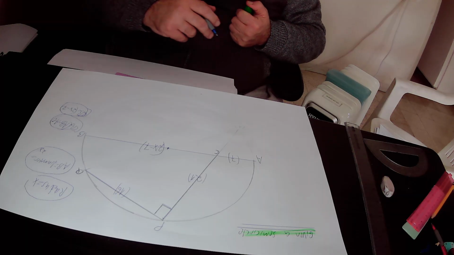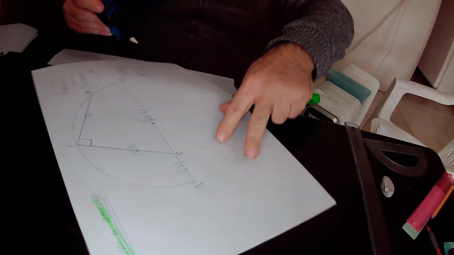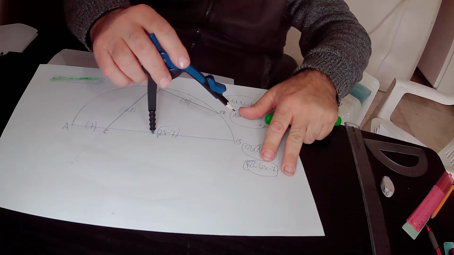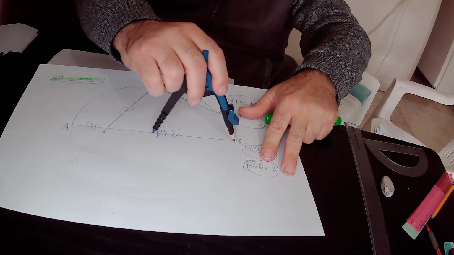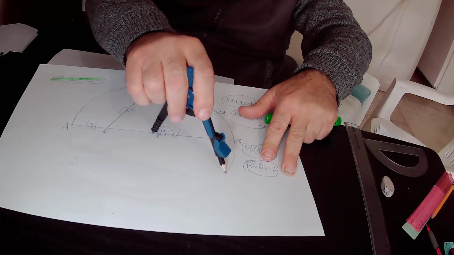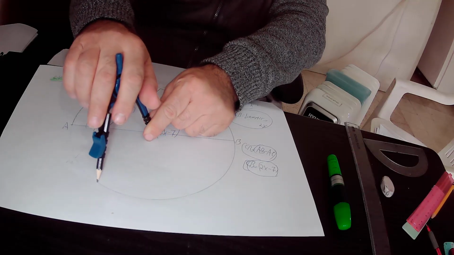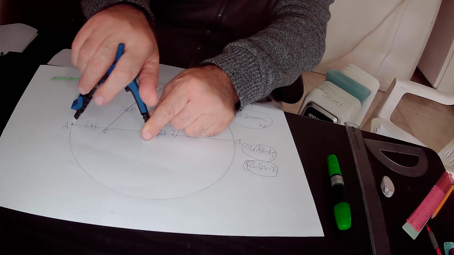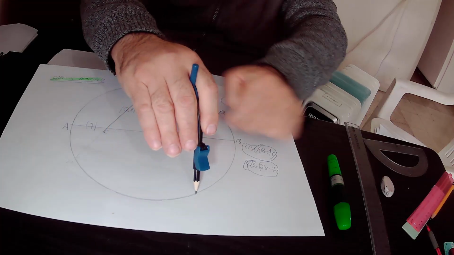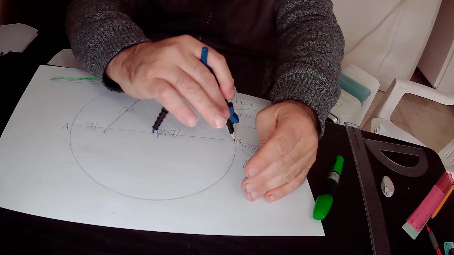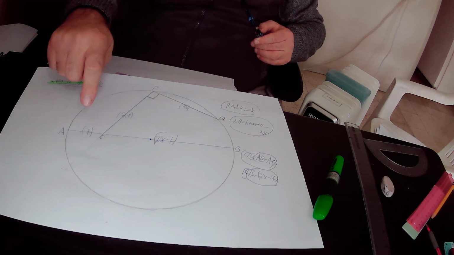In the next step, we will complete this semicircle to a circle. So I completed the semicircle to a circle, and we extend line segment PC until it touches the circle.